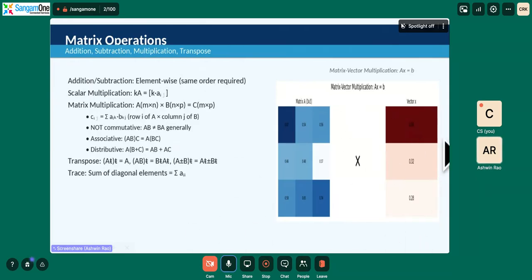Then only we can multiply two matrices. If not, we can't do multiplication or any operation mentioned here. So n should be the same. Then you will get m into p, as you can see here.